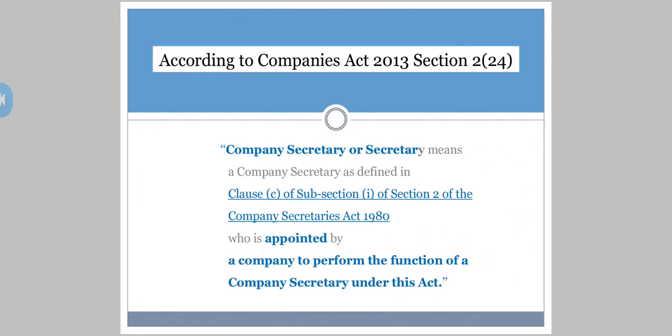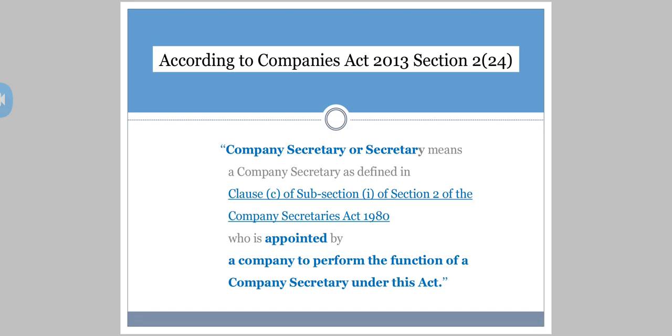Coming to the second definition, according to the Companies Act 2013, Section 203. Company secretary or secretary means a company secretary as defined in Clause C of Sub-section 1 of Section 2 of the Company Secretaries Act 1980, who is appointed by a company to perform the functions of a company secretary under this Act.